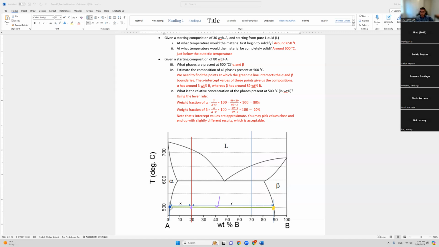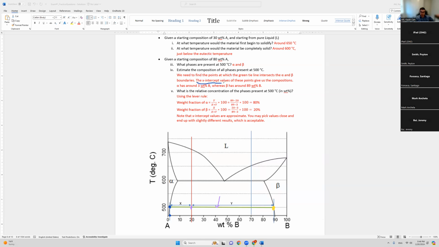So the x-intercept here, let me draw it with blue. Whatever this number is, I cannot clearly see. That's the composition of the alpha phase. So let's look at the answer. We need to find the points at which the green tie line intersects the alpha and beta boundaries.